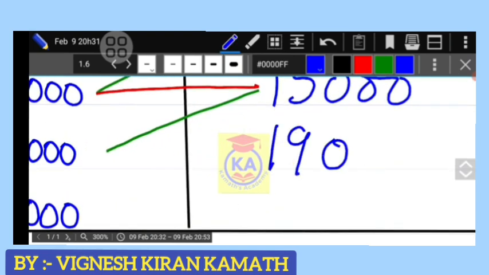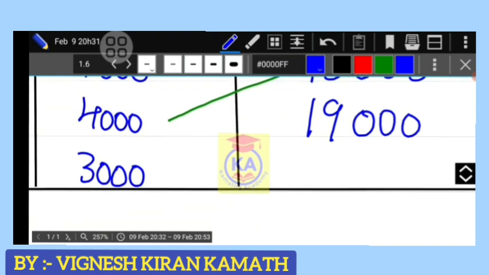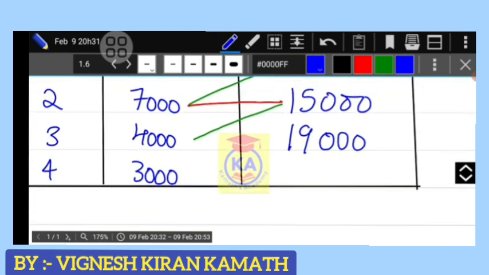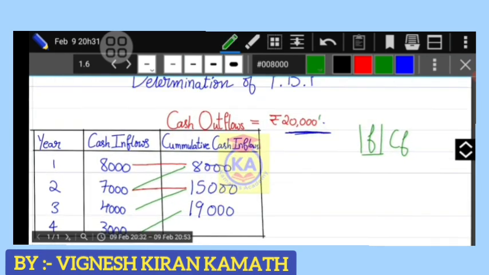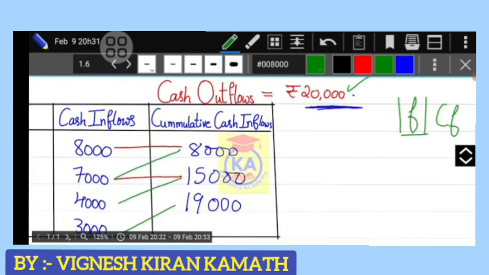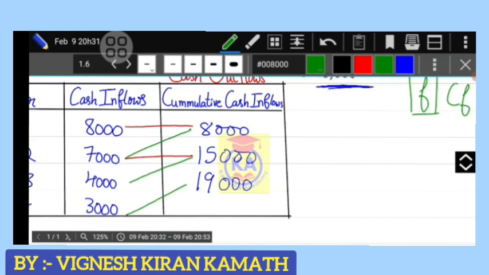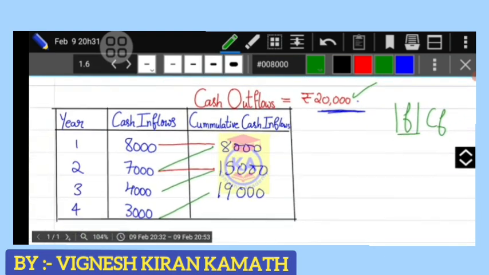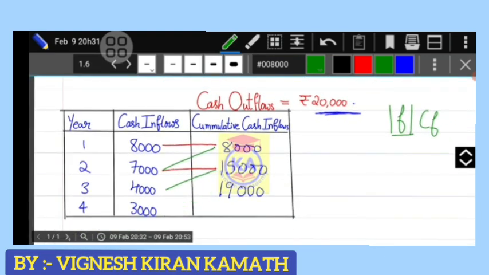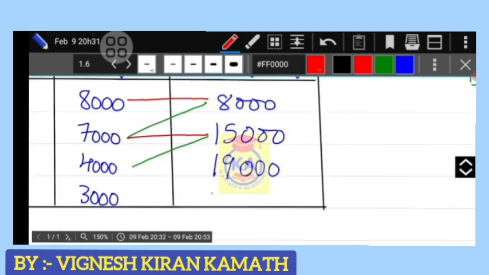Now, be aware. If I add 19,000 and 3,000, it will exceed 20,000, right? So when the sum exceeds 20,000, I have to stop the calculation and put a dash here.